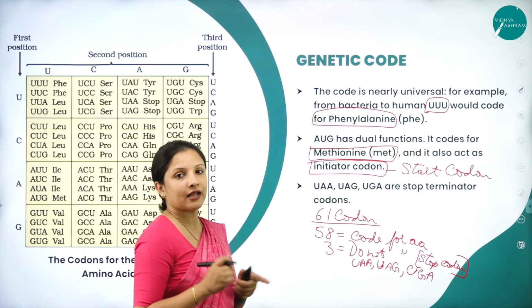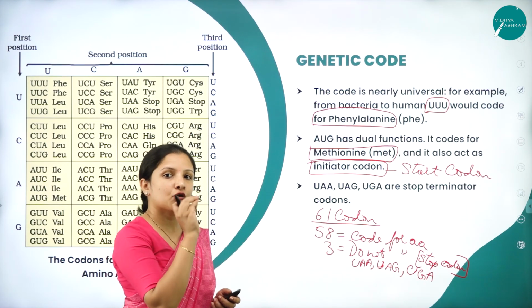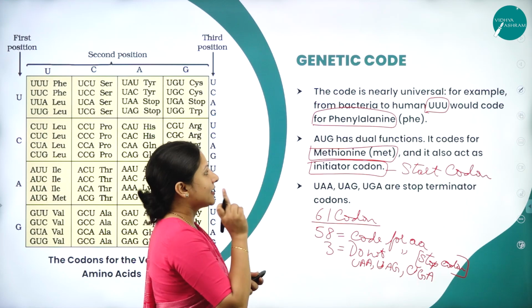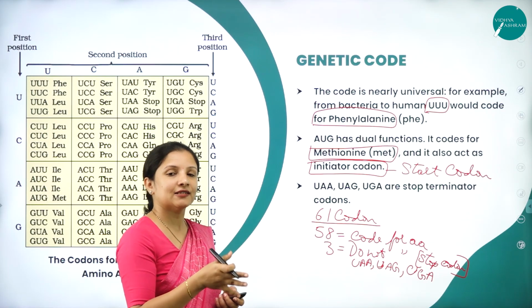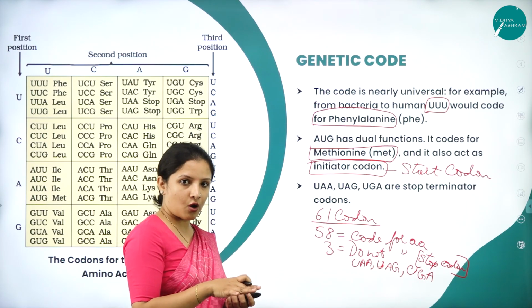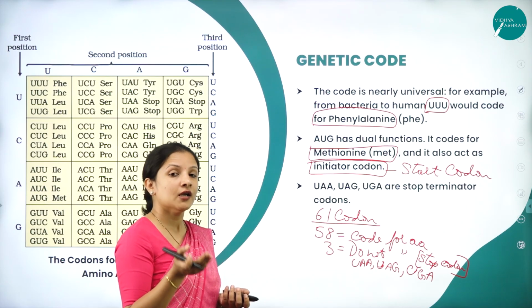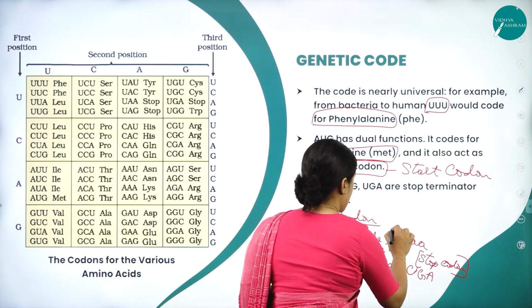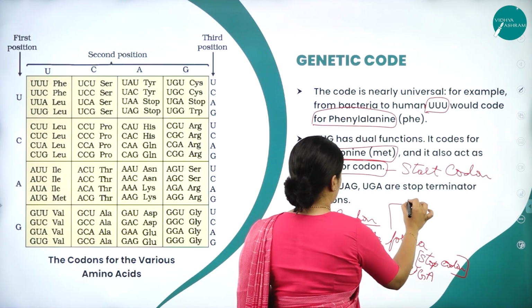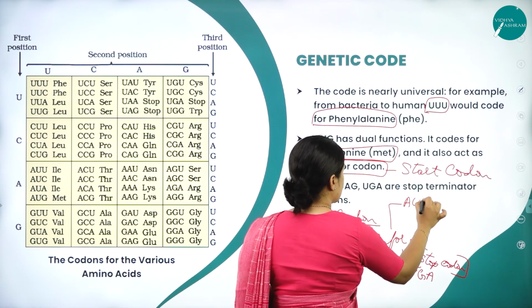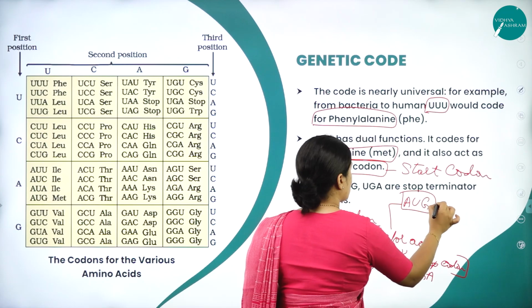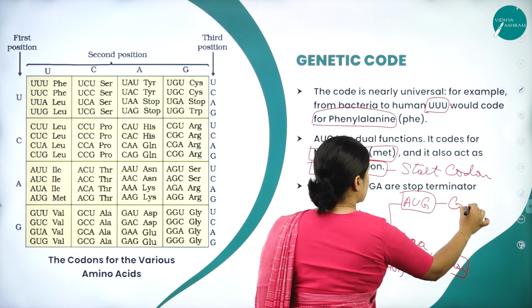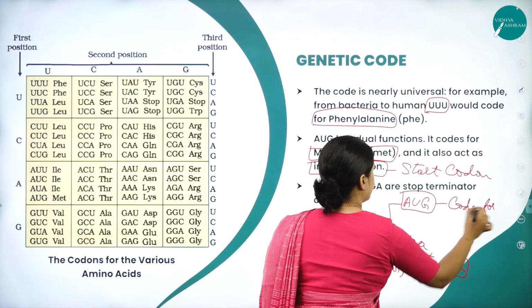In those 58 triplet codons which code for amino acid, there is one codon which acts as a start codon or an initiator codon, and it codes for an amino acid. That one codon is AUG. So that AUG codes for the amino acid methionine.